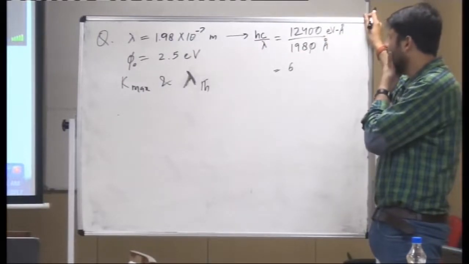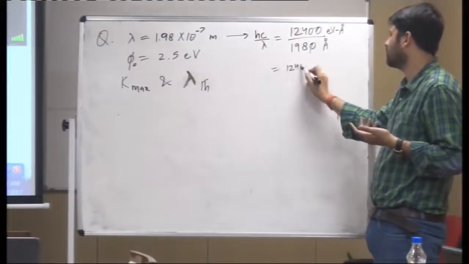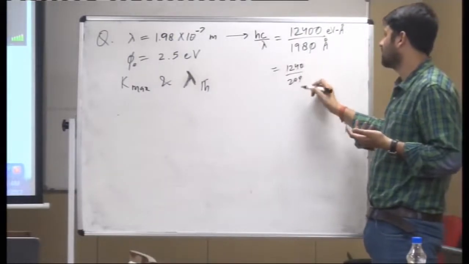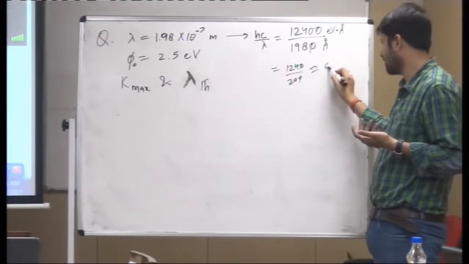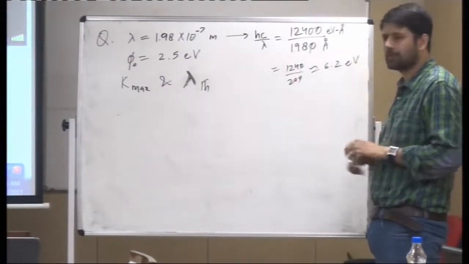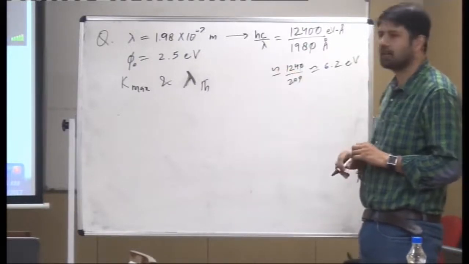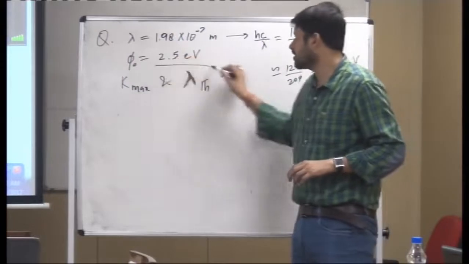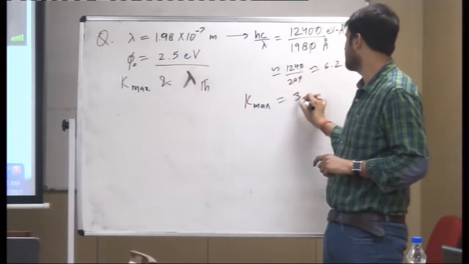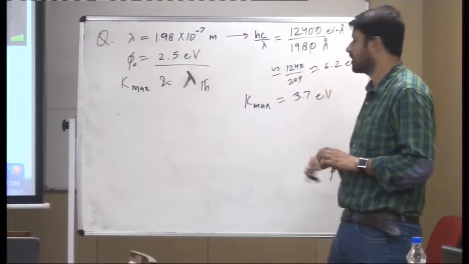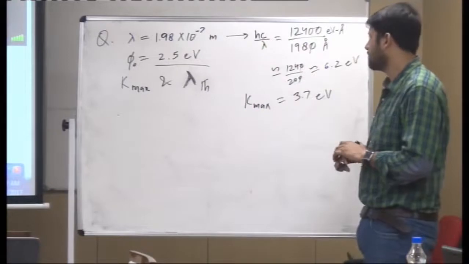If we take approximately 200, it would be 1240 by 200, right? अच्छा, 6.2 ही आया है approximately, ठीक है. Approximately 6.2 is the energy of photon, out of which this much is spent. So maximum kinetic energy would be 3.7 electron volts, slightly more than 3.7 electron volts, right?